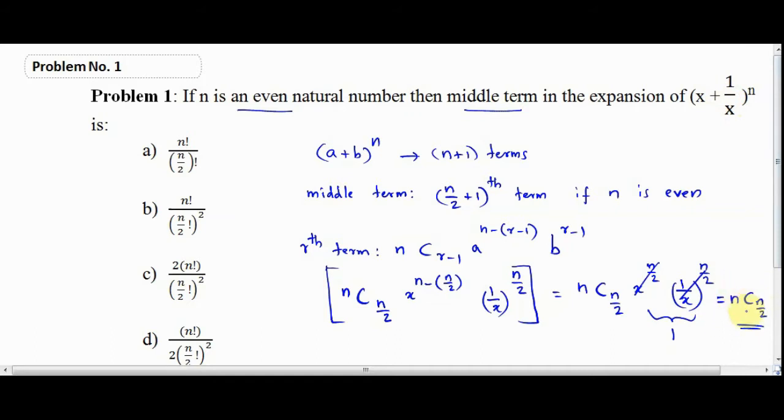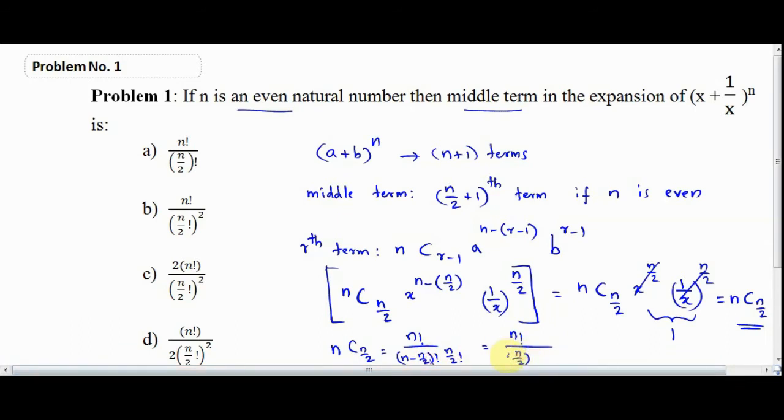Now let's see what the expansion of nC(n/2) is. nC(n/2) will be equal to n! divided by (n - n/2)! times (n/2)!. That will result in n! divided by (n/2)! times (n/2)!, since n - n/2 is n/2 itself.